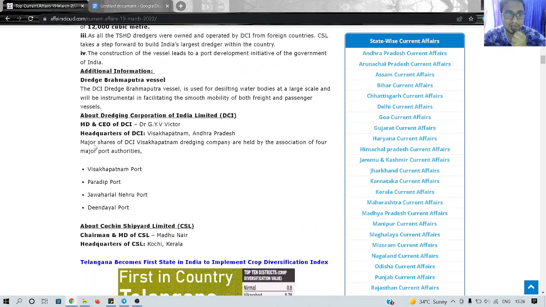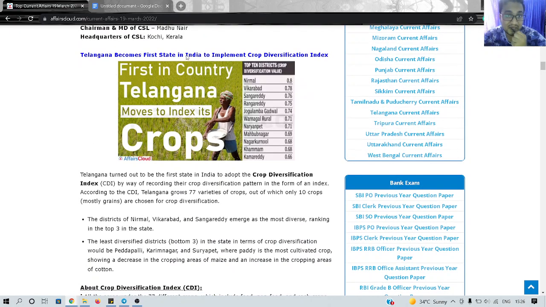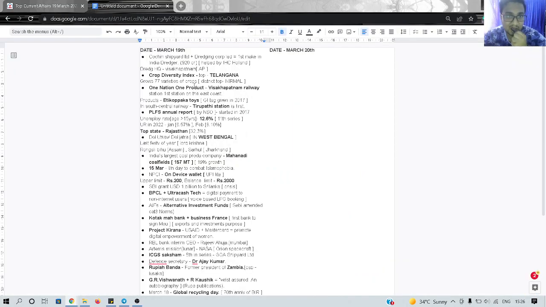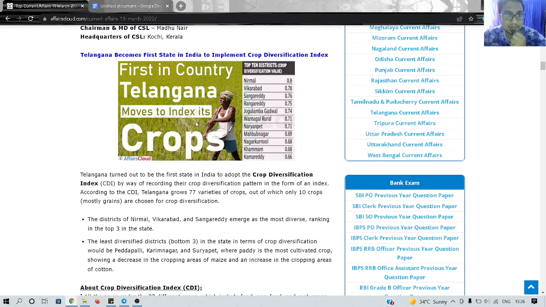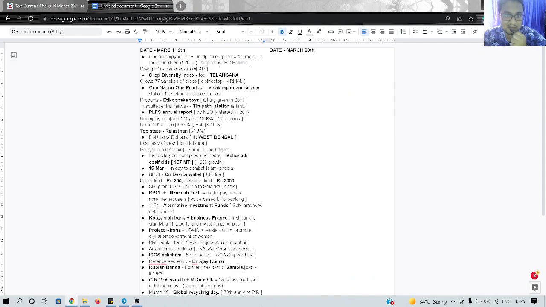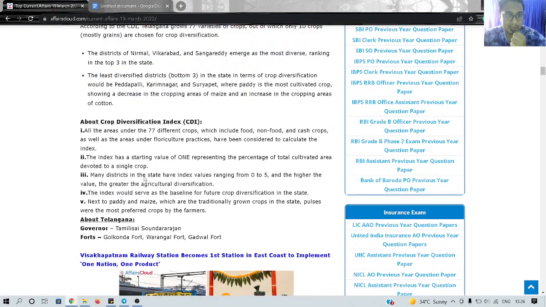And here you see that Telangana became the first state in India to implement the crop diversity index. See how I made it like this, in half a page. I made the crop diversity index: top is Telangana, and in districts the top is Nirmal. It also shows that Telangana grows 77 varieties of crops.